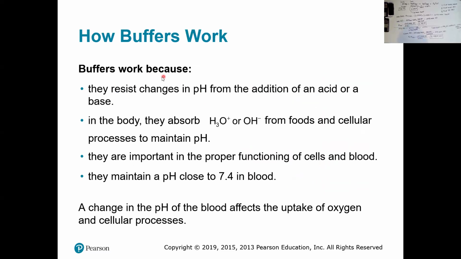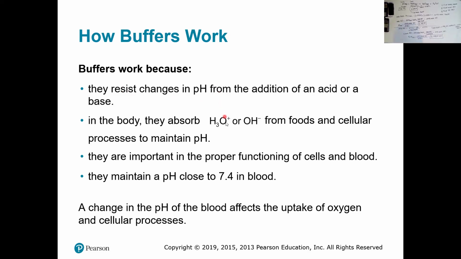Your buffers work because they are made of weak acid and weak base components that are able to absorb hydrogen ions or absorb hydroxide ions, depending on what's being added. In that way, they resist pH changes because they're using up the acid and the base that gets added to the system.